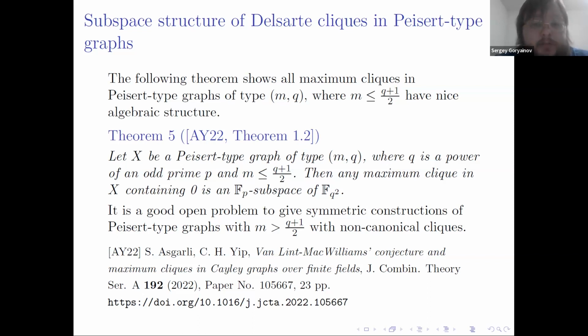It is a good open problem to give symmetric constructions of Paley type graphs with m strictly greater than (q+1)/2 in such a way that these graphs have non-canonical cliques. So it's interesting both to give symmetric constructions for graphs and for their non-canonical cliques.